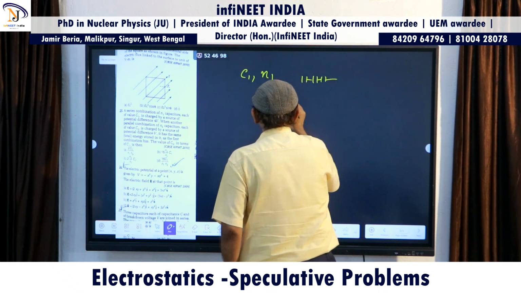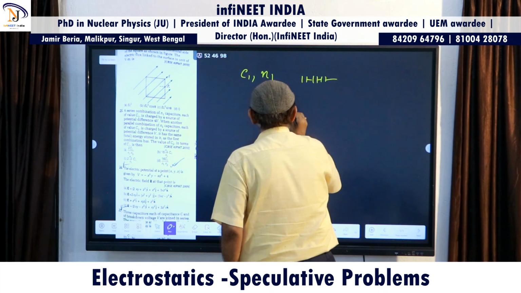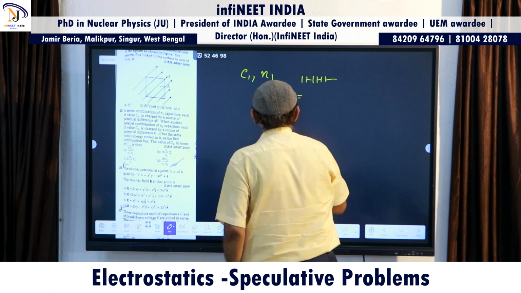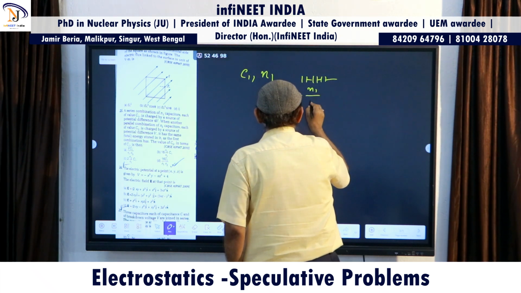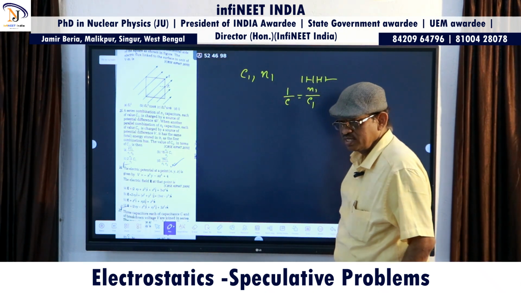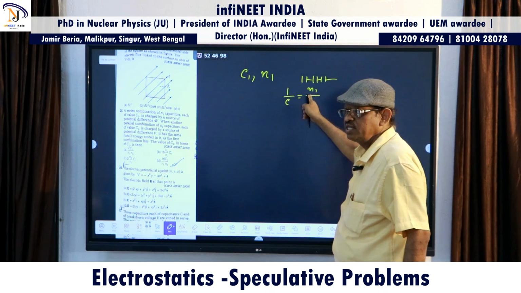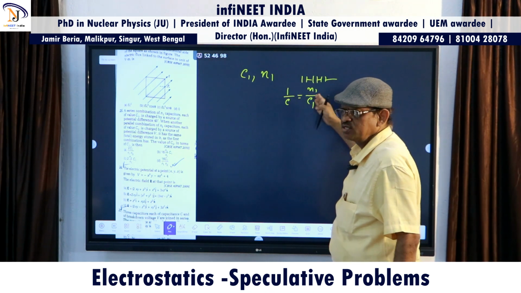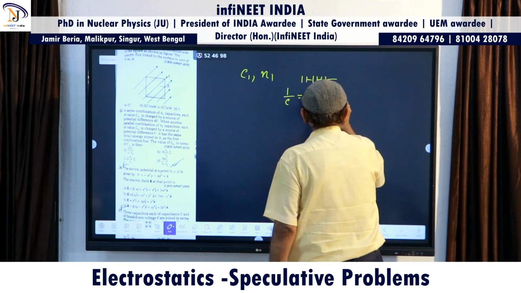So what should be the resultant? 1 by C equals how much? N1 by C1, isn't it? If it is 2 capacitors, or 3 capacitors, then for the series combination, it is inverse. So what will be the result?